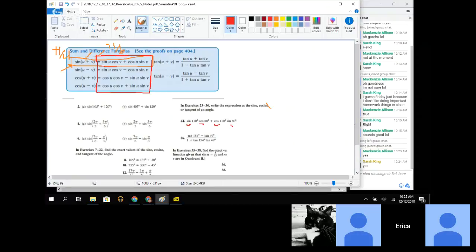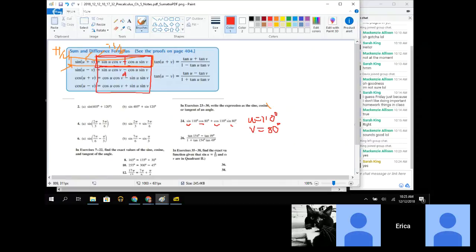So this one happens to be the one that we've just done before, right? Because you have a sine and a cosine plus a cosine and a sine. There's no negative there. So because of that, I know that U equals 110 degrees and V equals 80 degrees.